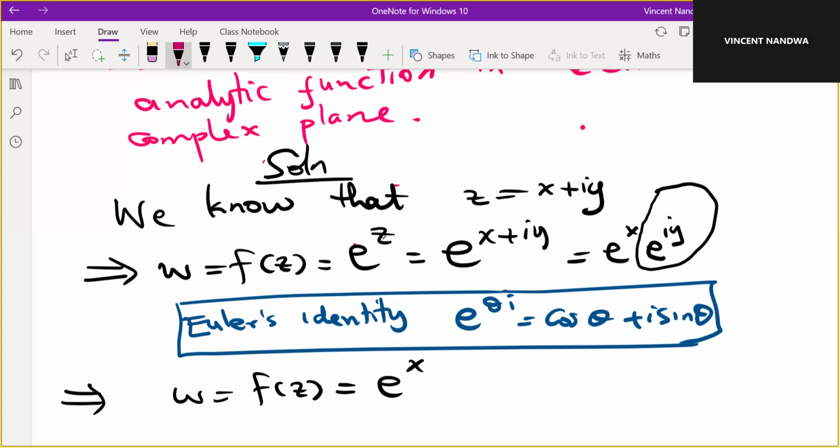What is the value of e raised power i theta? e raised power iy can be written as, my question is, how can we rewrite this part using this relation?